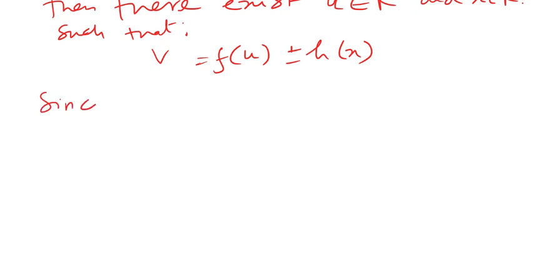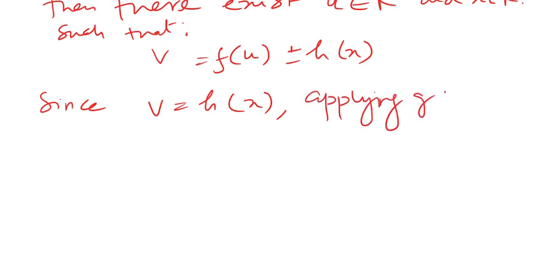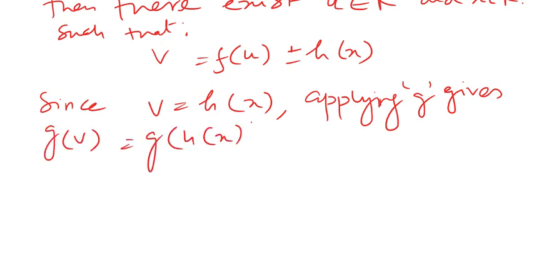Since v equals h of x, applying g gives g of v equals g of h of x.